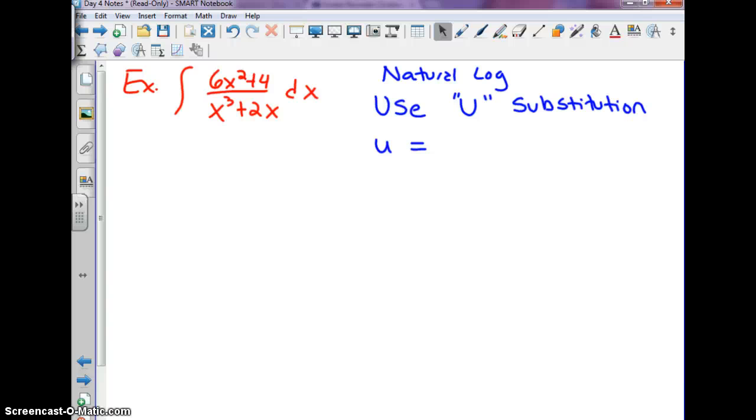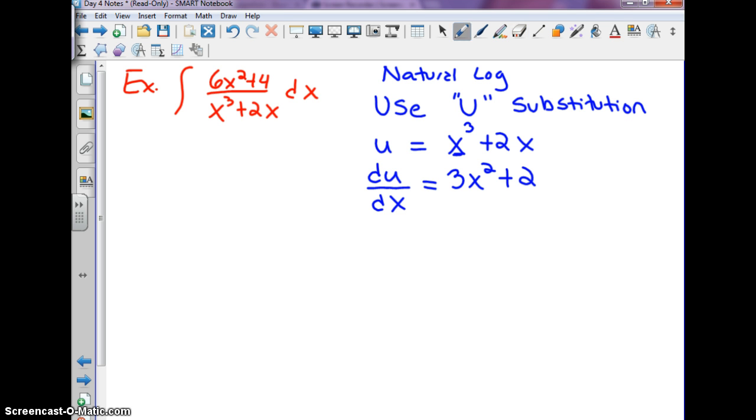So x cubed plus 2x. Okay? The deal is now, if I take the derivative of U with respect to x, so du with respect to x, because x is our inside function here, I'm going to get 3x squared plus 2, excuse me.